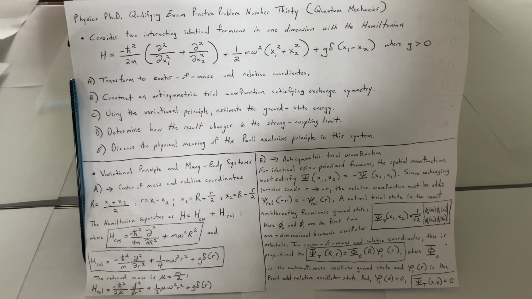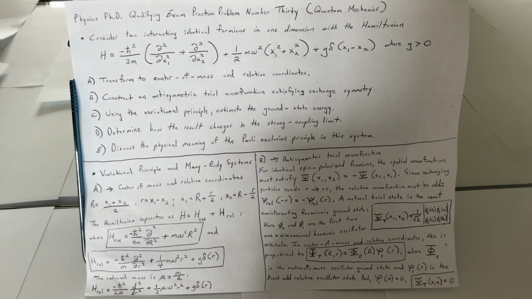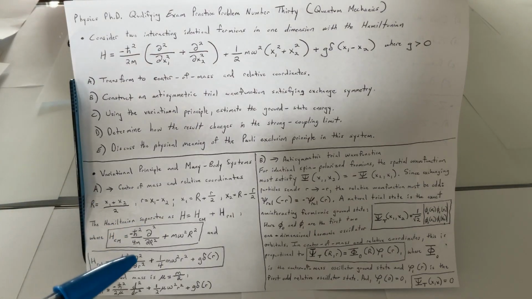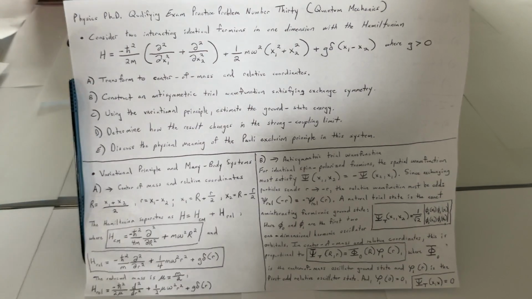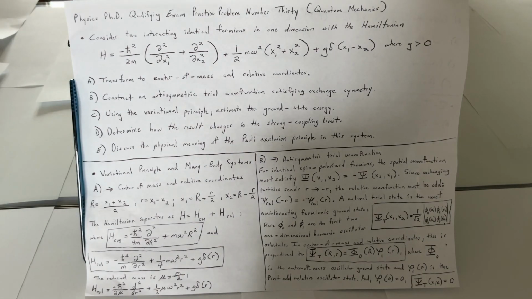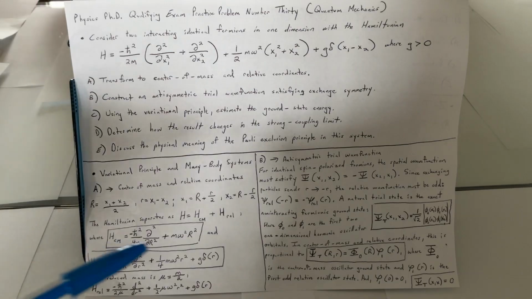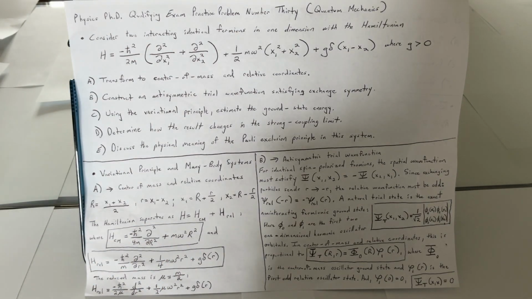And here H sub rel equals negative h bar squared over m times the second partial derivative with respect to r, plus 1/4 m omega squared lowercase r squared plus g delta of r.